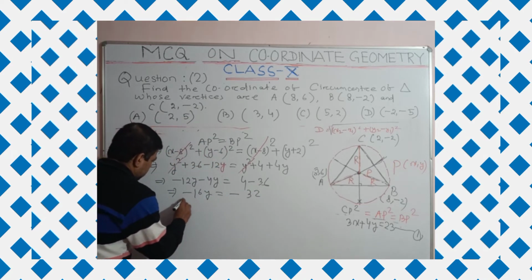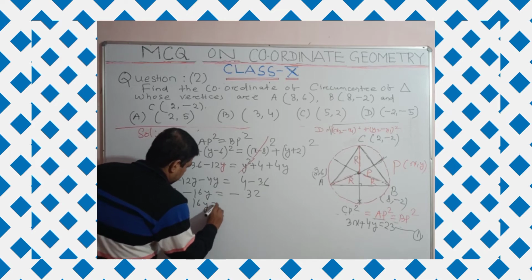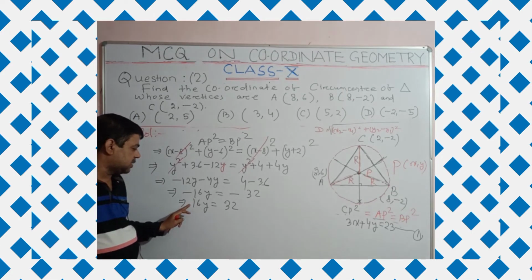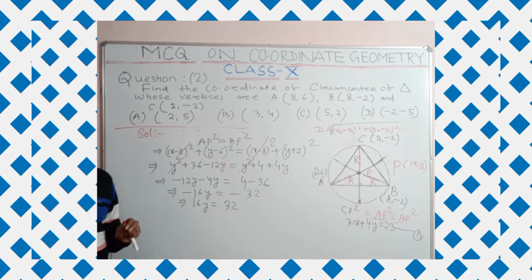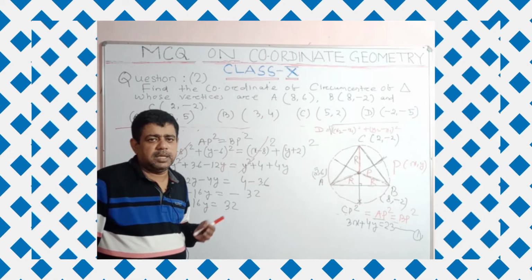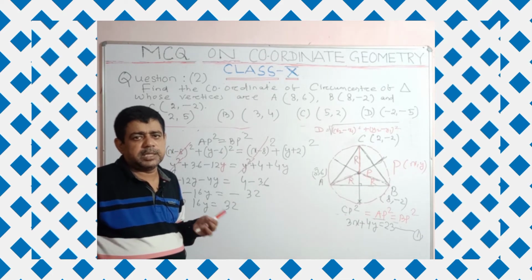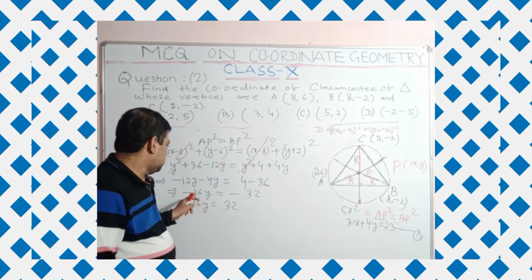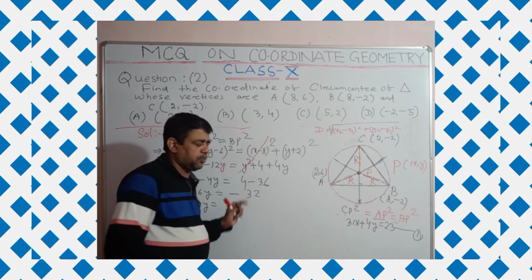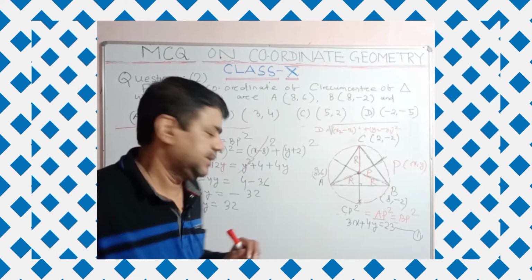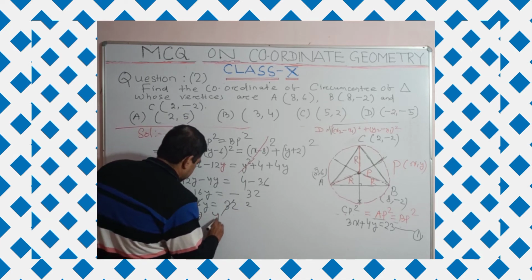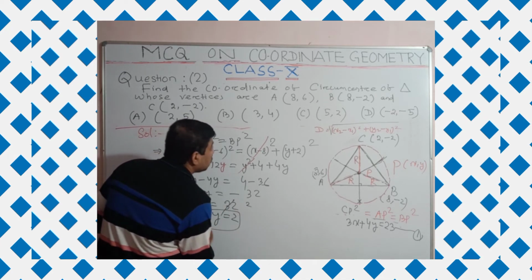Change the sign: minus 16y will be plus 16y and minus 32 will be plus 32, by multiplication of minus 1 on both sides. So cancel 16 into 32, and y is equal to 2.